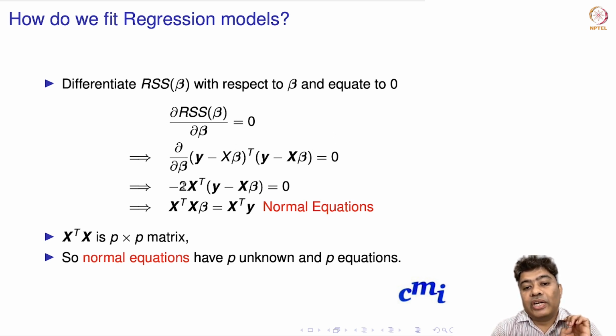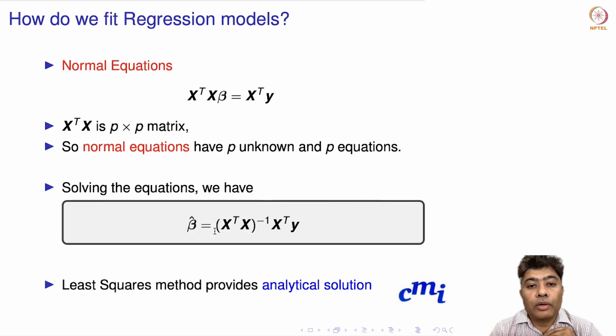After differentiating, what I have is minus 2 x transpose times y minus x beta equals 0. Now we can write this as x transpose x beta equal to x transpose y. This set of equations is called the normal equations, and x transpose x is a p cross p matrix. So the normal equations have p unknowns and p equations.